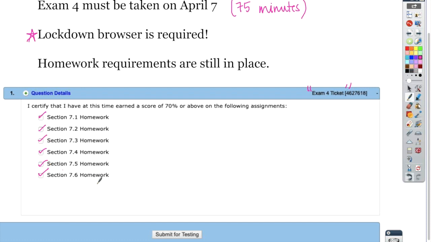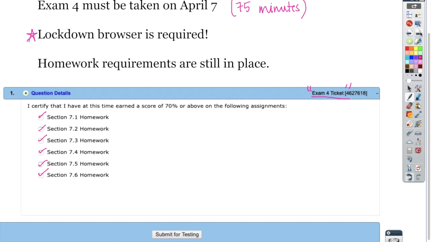All of these must be done, and you'll submit for testing. Once you've done all of this, then you'll be able to open exam 4. This is basically a prerequisite assignment for exam 4, so if you have not submitted the exam 4 ticket, you can't open the assignment called exam 4. So you have to have this done. Have to have 70% or above.